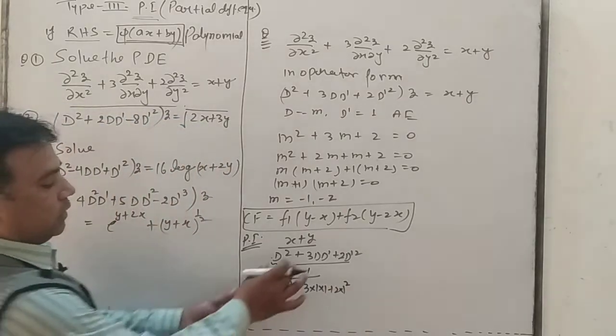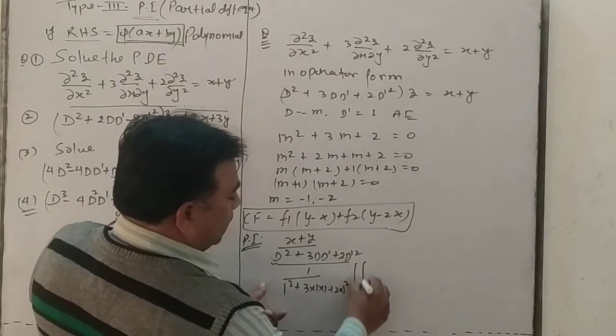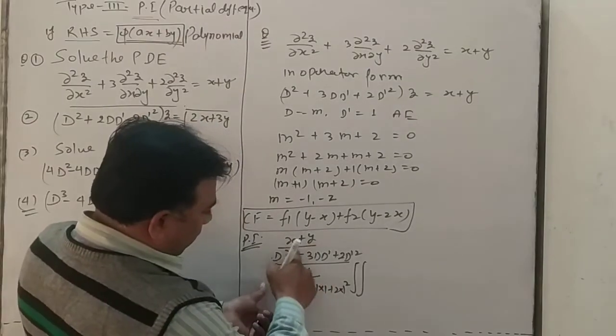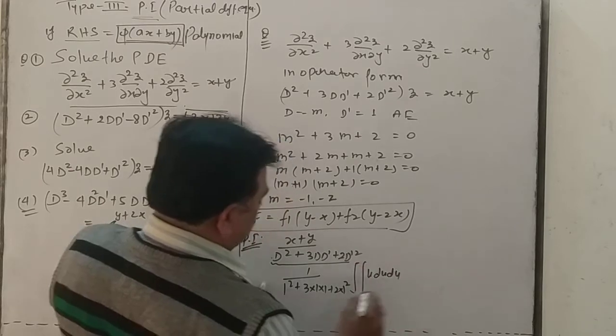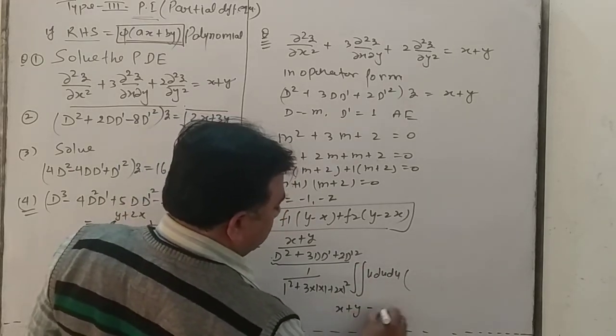Since this is a second order partial differential equation, you take the double integration. Now we write x plus y equal to u.